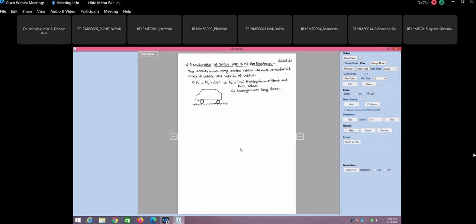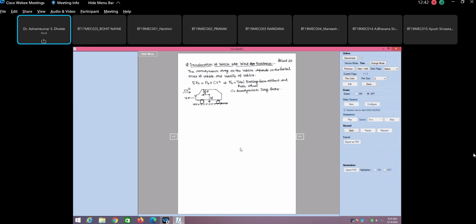Okay, so this is the front of the vehicle. Here it is light. Now you have the weight of the vehicle which is acting downward. The drag force CV square is acting here, where this is V. Now the inertia force, this is W by g into, let us say, the acceleration.